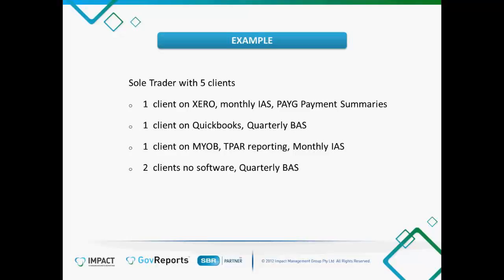Which means I have 14 lodgements for the Xero client, 5 lodgements for the QuickBooks client, 14 lodgements for the MYOB client, and 10 lodgements for the 2 clients that do not use software. Together, I have to add to my CLM calendar 43 deadlines or jobs that I have to do to maintain the business of these 5 clients.